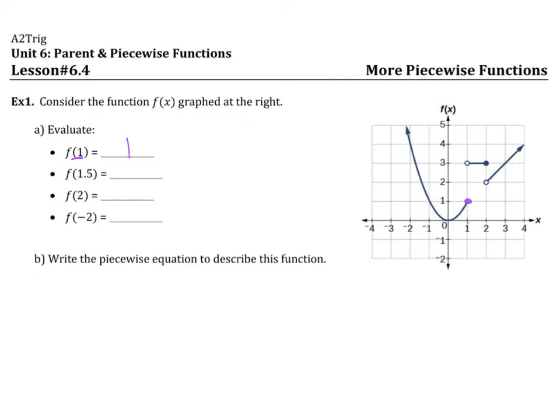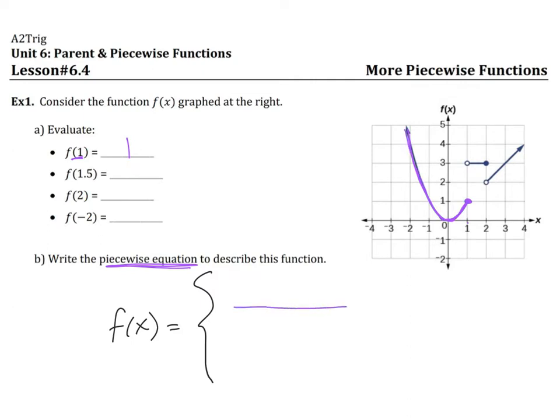So I would pause and try this on your own, even going through the piecewise equations to describe the function. Remember, if you're going to come up with a piecewise equation, you're going to have multiple parts. So let's go ahead and review those parts. One part is this purple part that I just drew, right?